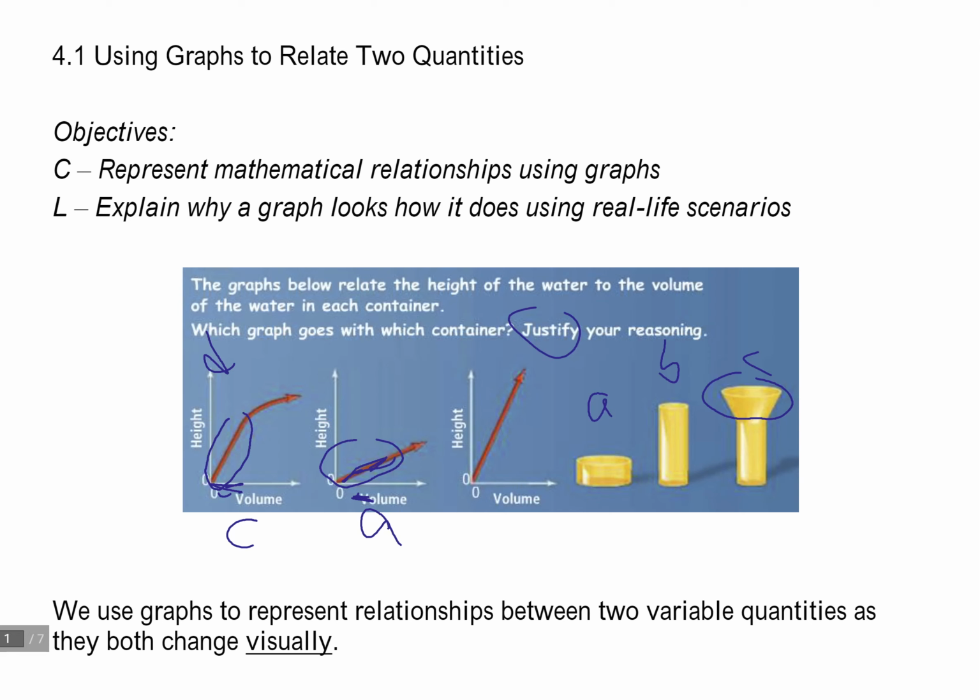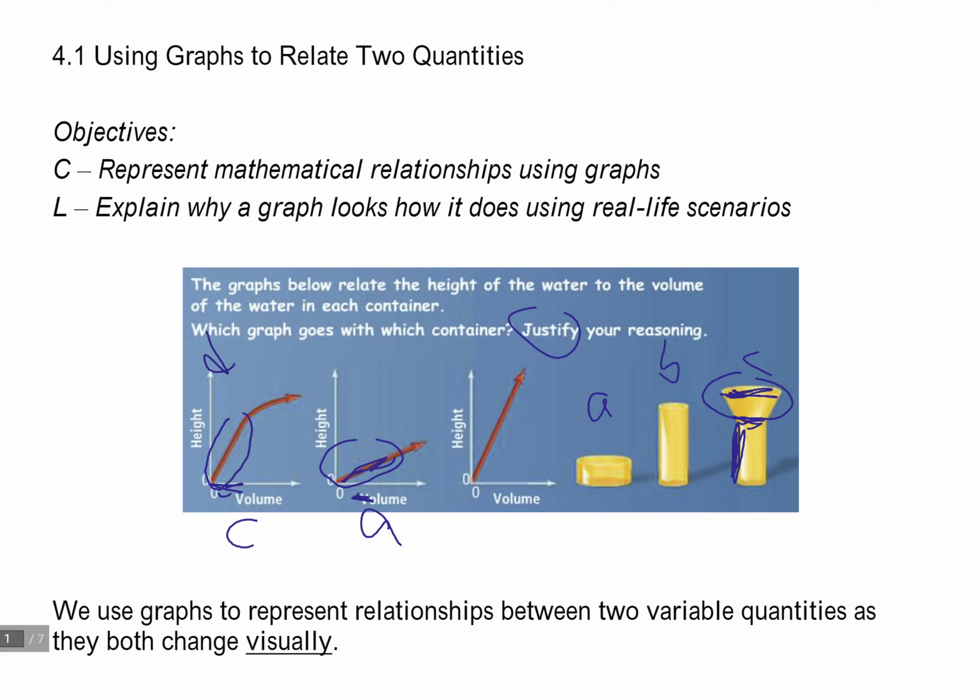So by the same logic that the middle graph is container A, it's filling slowly, so this line is very shallow, we'll say. As we get over to container C, where we are narrow here, but then wide here, we should be filling quickly in this region, but then by the time we get up to the top, we should be filling very slowly.